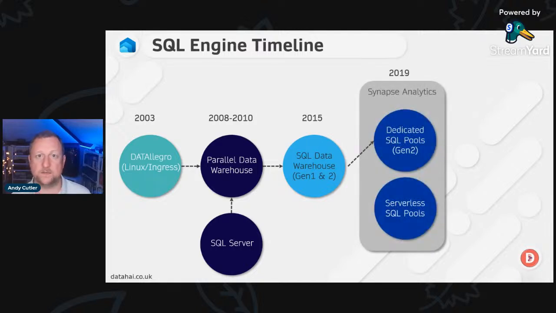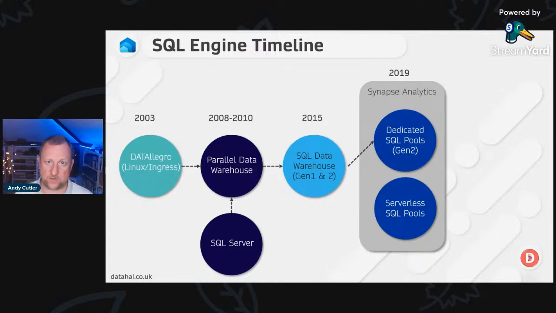A few years later, Microsoft announced Synapse Analytics, which rebranded SQL Data Warehouse to now be called Dedicated SQL Pools, and they brought the Gen 2 version in there. Part of that is that Microsoft then created a new engine called serverless SQL pools. Essentially, serverless SQL pools didn't store any data itself, didn't have a system to store data.